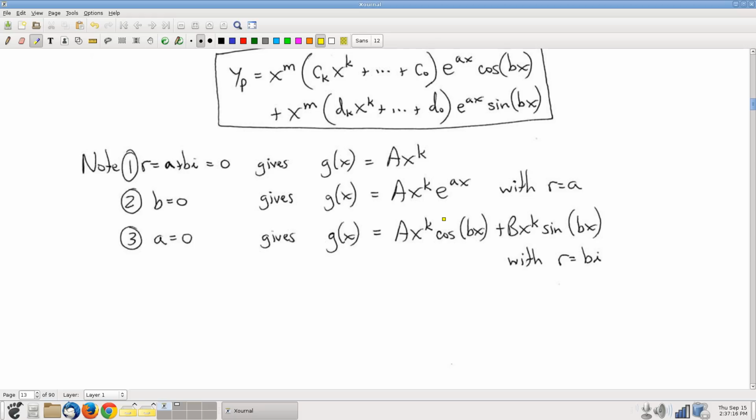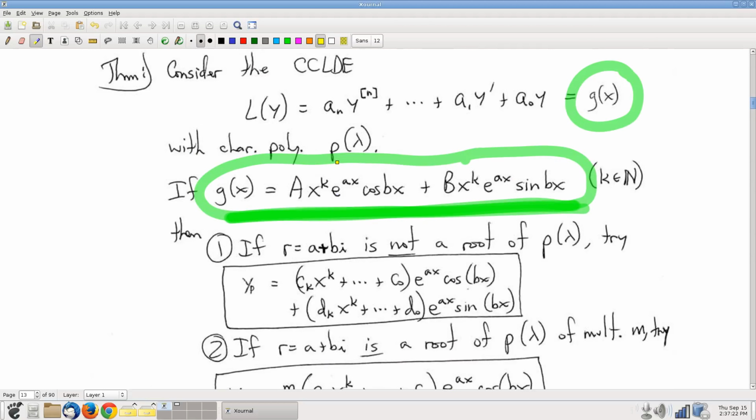So for example, it could be ax to the k. It would be ax to the k if b were 0, making this whole thing 0, and if this little b were 0, then that would make cosine of 0, of course, 1. And if little a were 0, then I would have e to the 0, which is 1. Note that this whole thing then would just be ax to the k.